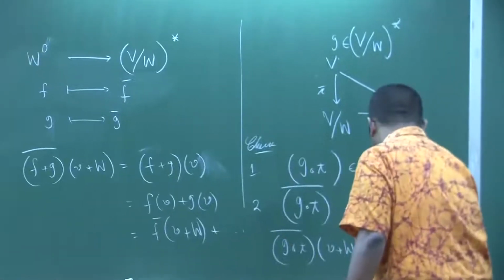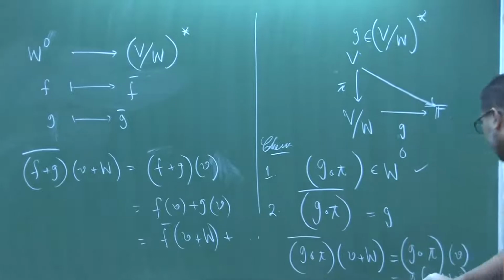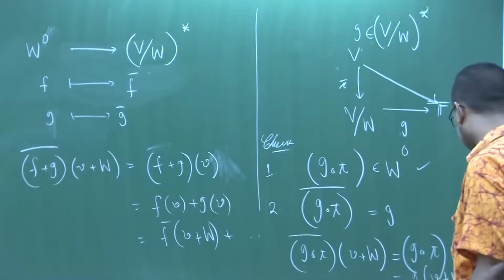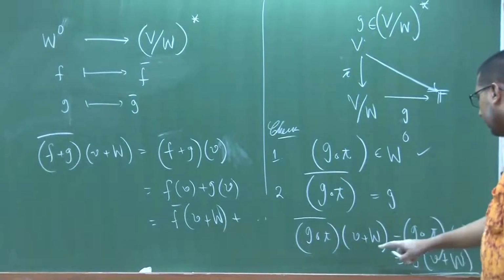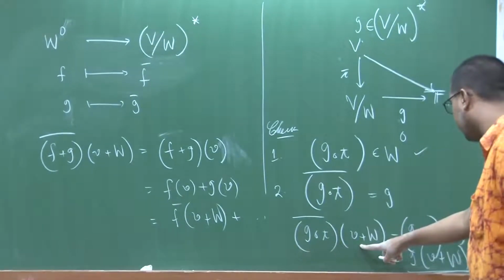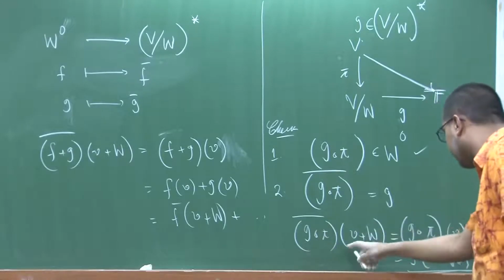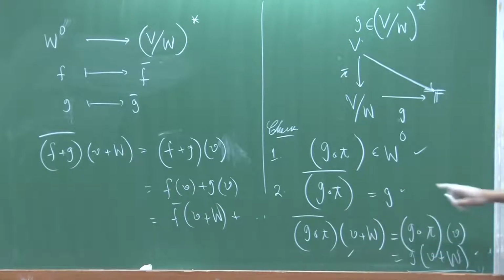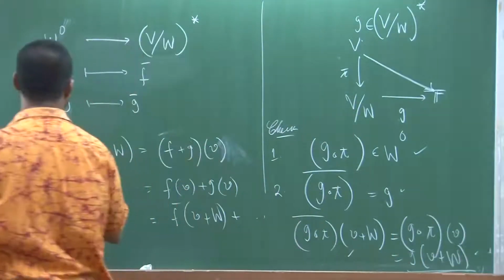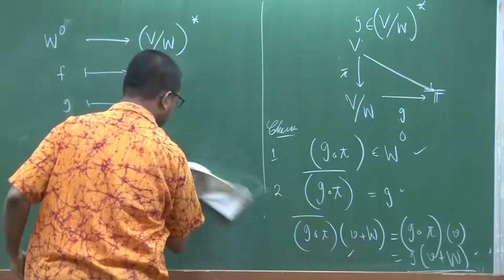Therefore, g of pi of v, that is g of v plus W, for any v plus W, this equals this, and that shows what we are supposed to show. So, this map is surjective. It is a surjective linear transformation.